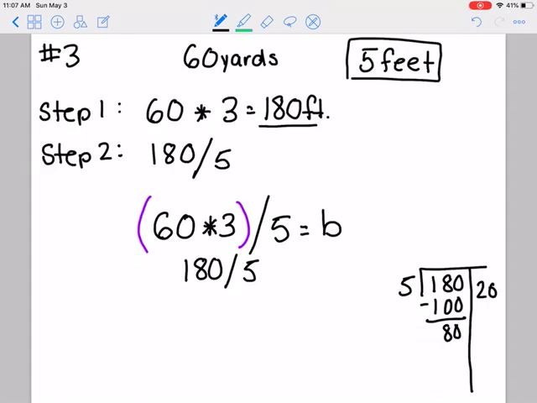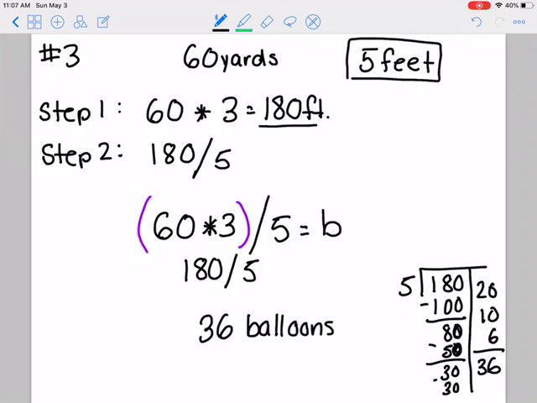And I know that I'm going to get close to 80 by doing 5 times 10, which is 50. Sorry, that's a 0. And I'm left with 30, and I know 5 times 6 is 30. So they need 36 balloons. They can get 36 balloons out of 60 yards of string.